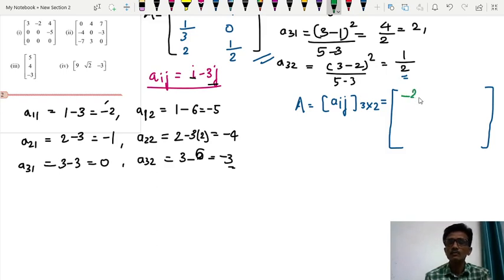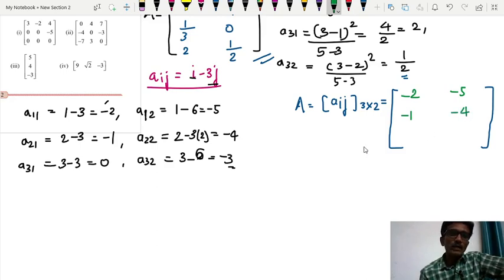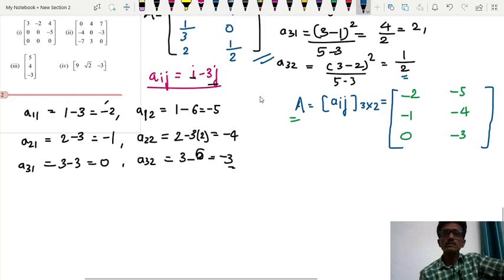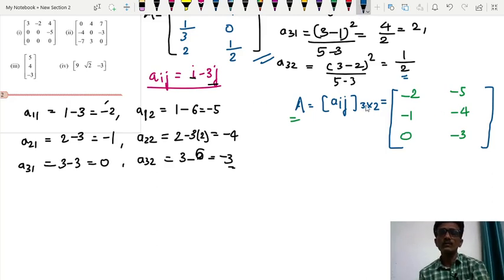Minus 2. A12 is minus 5. A21 is what? Minus 1. A22 is minus 4. A31 is 0 and A32 is minus 3. So this is the required matrix. A equals Aij of order 3 by 2.